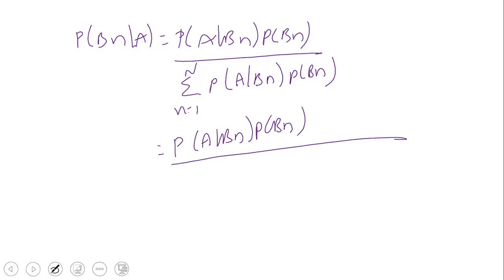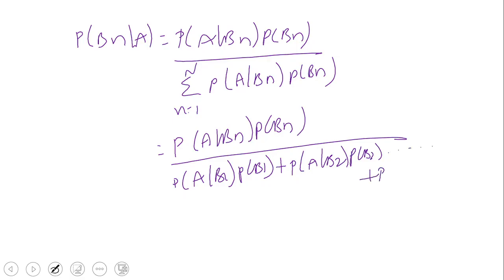If I expand this summation, substituting n equal to 1, P of A given B1 into P of B1, plus n equal to 2, P of A given B2 into P of B2, and so on, plus P of A given Bn into P of Bn.